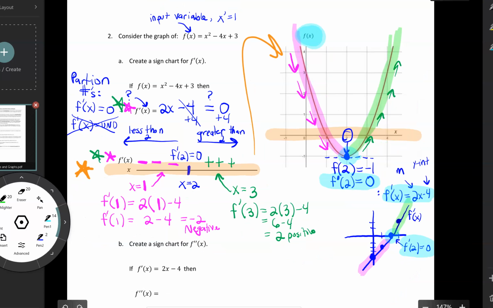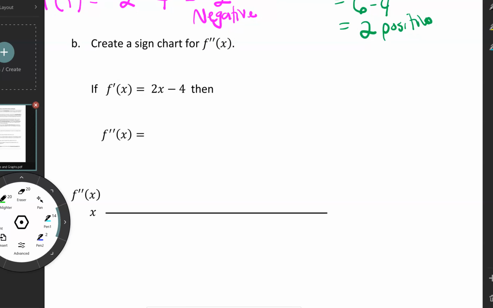Okay, so let's talk about this new idea here. This new idea of f double prime. Let's look at that. F double prime. We call this a second derivative.